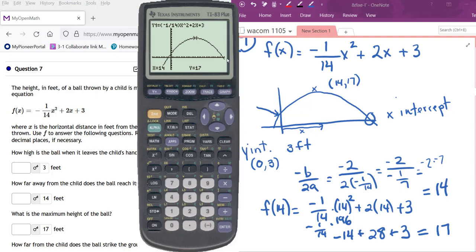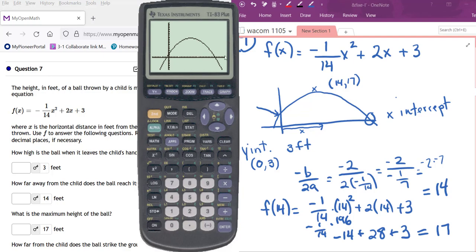Really would probably be better if my x max was a little bit more. I'm going to change the x max a tiny bit and make it 35. Just give me a little bit more room there.